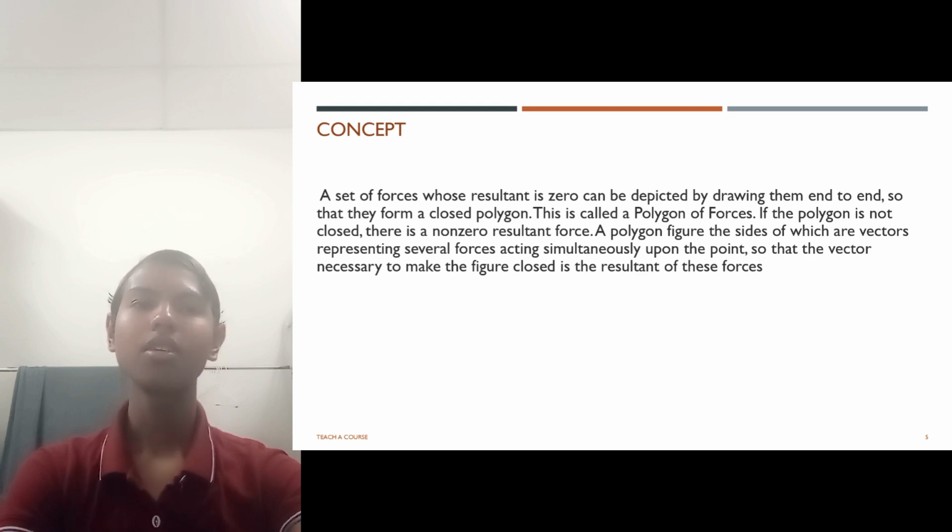If the polygon is not closed, there is a non-zero resultant force. A polygon is a figure, the sides of which are vectors representing several forces acting upon the same point, so that the vector necessary to make the figure close is the resultant of these forces.